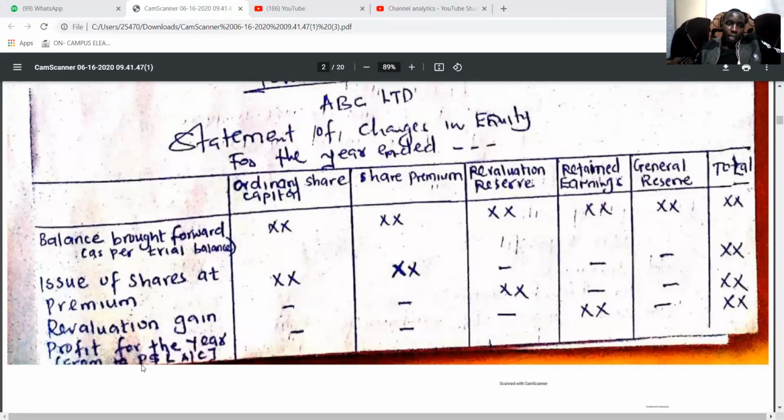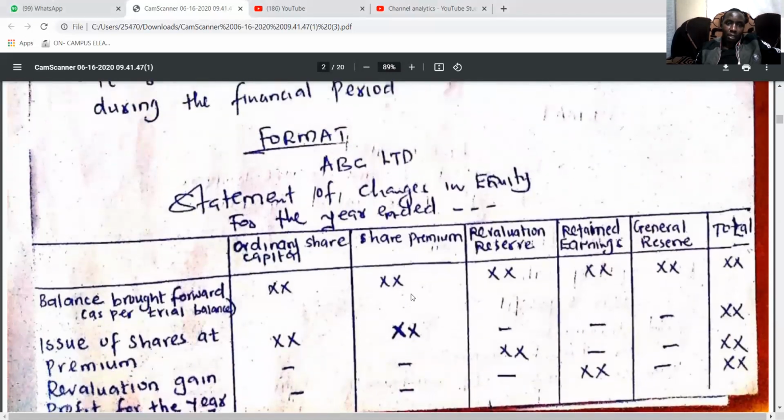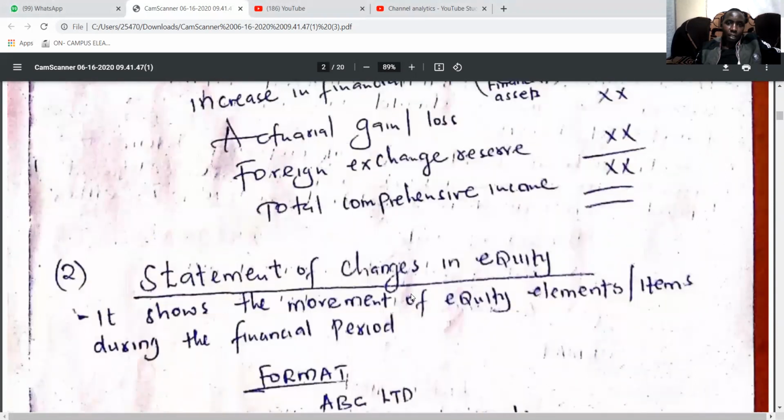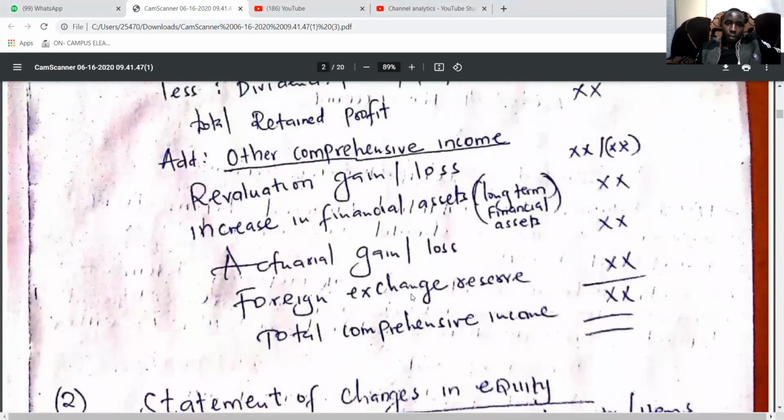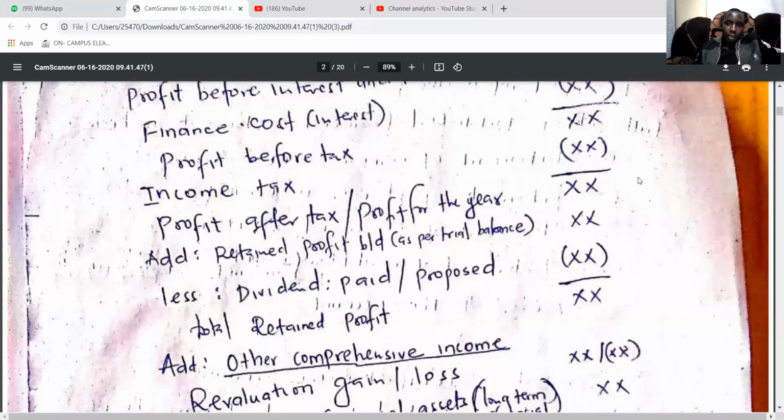Then profit for the year, this is from the income statement you have prepared, the profit after tax. So for example, in our format here, the profit for the year is this one. It will be this profit after tax here.